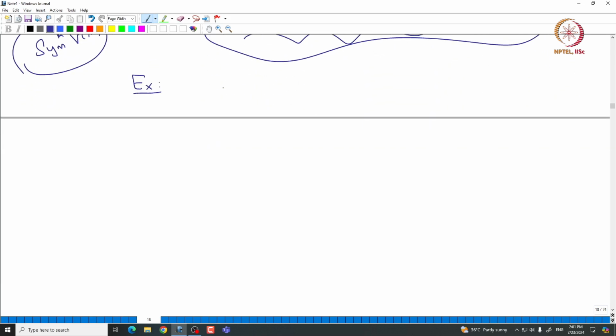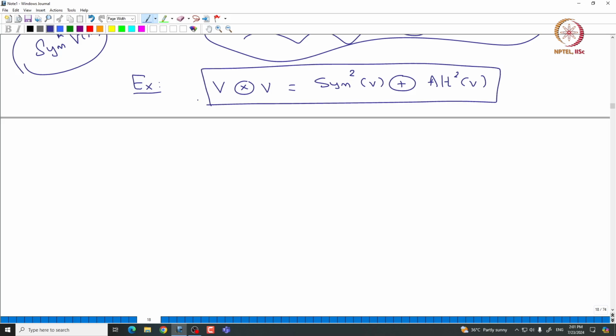I will leave an important exercise. If we take, for example, V tensor V, then you can define the sim 2 of V and then alt 2 of V. Then one can prove that this V tensor V is indeed a direct sum of these two spaces. And we will see later what this means in terms of matrices and so on.